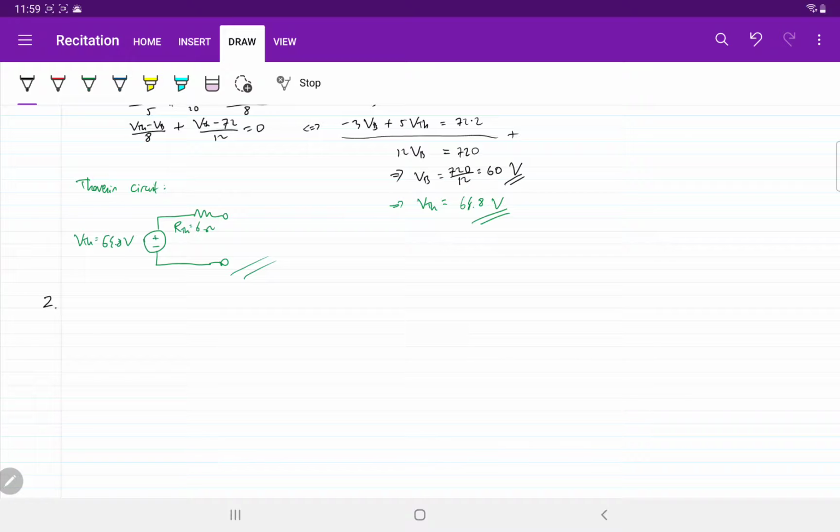So let's do the second problem. The second problem is asking for a Norton equivalent circuit. So this is the circuit. We have a 15 amp current source.